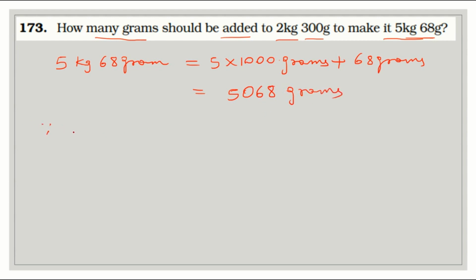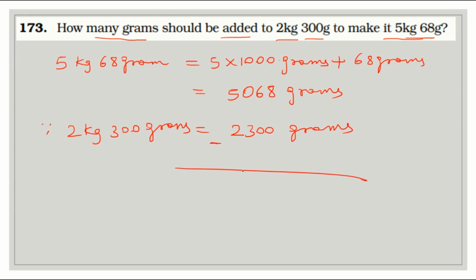Similarly, 2 kg 300 grams means 2300 grams. The moment you know this, the difference between them gives you how much to be added. That is 8 minus 0 gives 8, 6 minus 0 gives 6, 10 minus 3 gives 7, and 4 minus 2 gives 2.